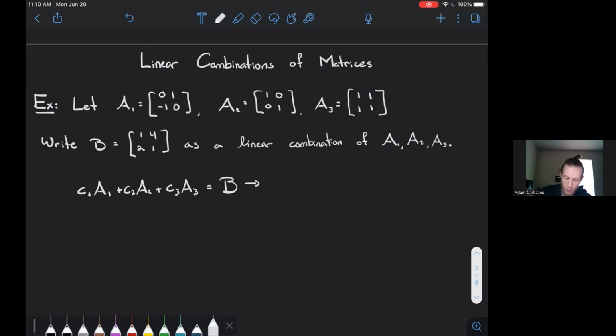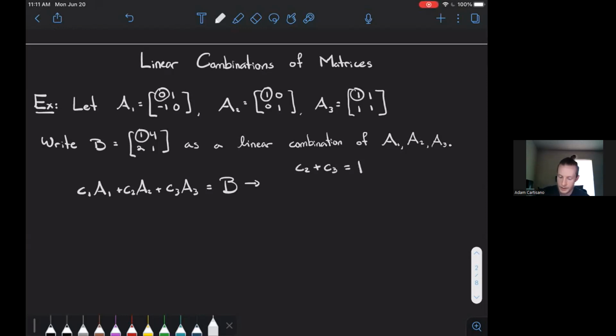So what I'm really asking is C1 times the top left entry of A1 plus C2 times the top left entry of A2 plus C3 times the top left entry of A3. I want that number to give me the top left entry of B. In other words, I want 0 C1 plus 1 C2 plus 1 C3 to equal 1.